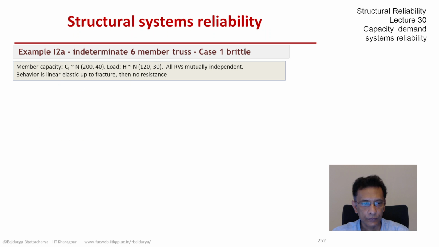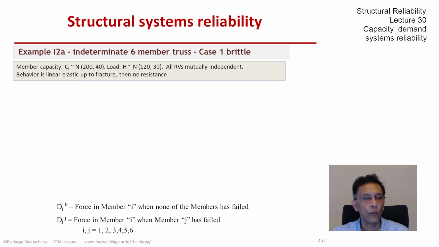Here let's define the terms properly. D superscript 0, subscript i, stands for the force in member i, and that 0 in the superscript means that none of the members has failed, so it's the intact state of the structure.